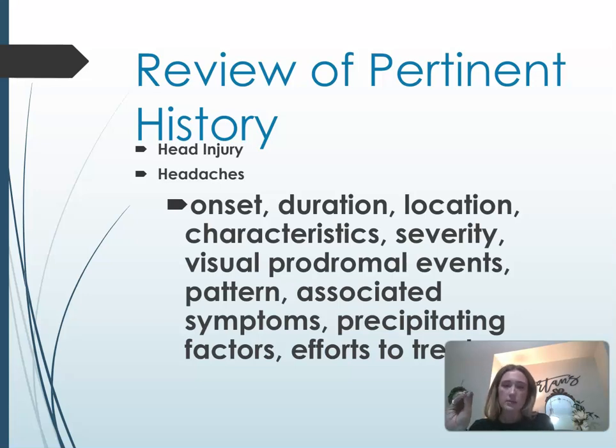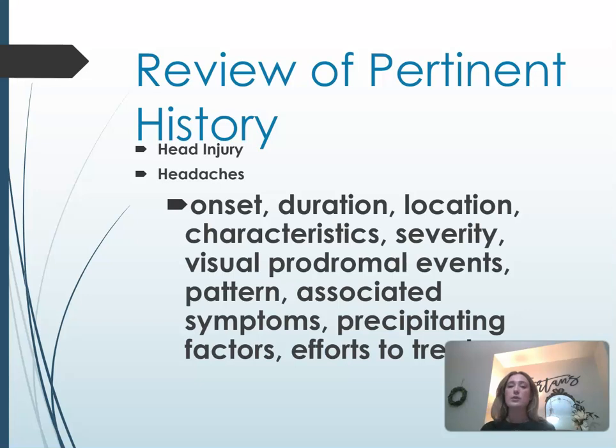With headaches, with both of these, we want to do our OPQRST. With headaches, a lot of times they will have prodromal symptoms, symptoms that happen before the full-blown headache.